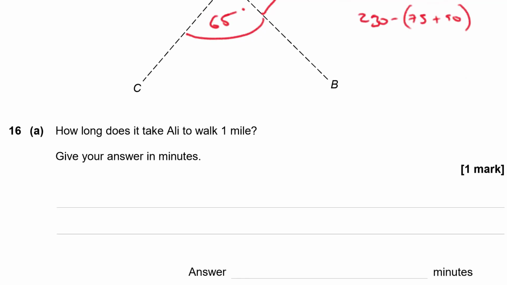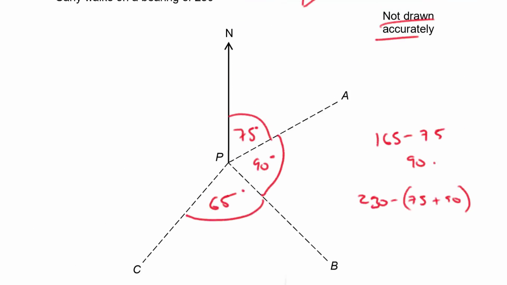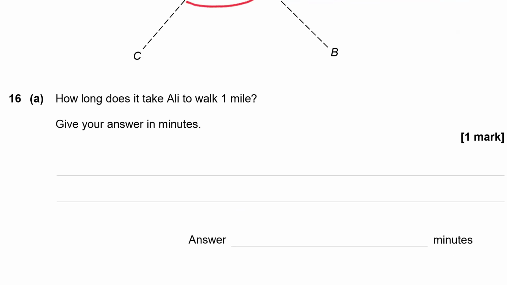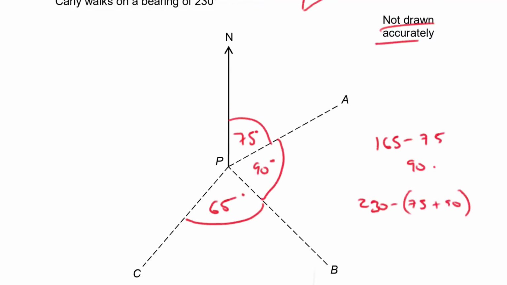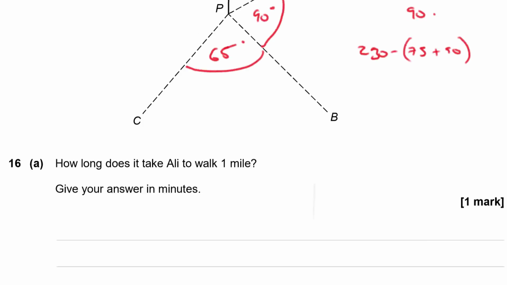Now you can see they don't look like that, but this is not drawn accurately. So how long does it take Ali to walk 1 mile? Oh, it's got nothing to do with the bearings, is it? Right, how long does it take Ali to walk 1 mile? Well, she's walking at 4 miles per hour.